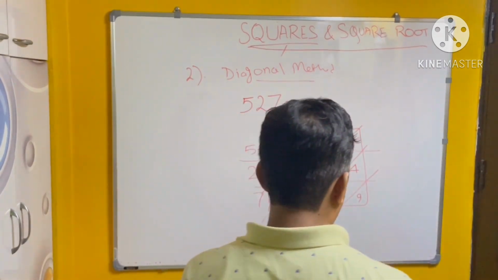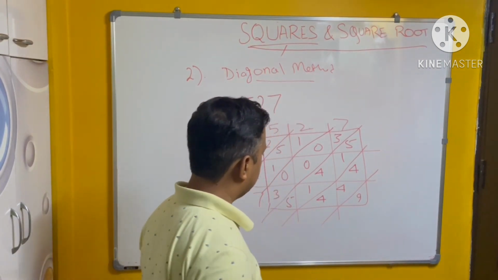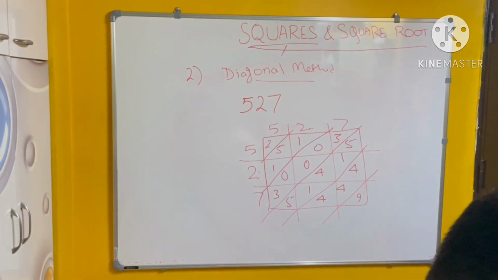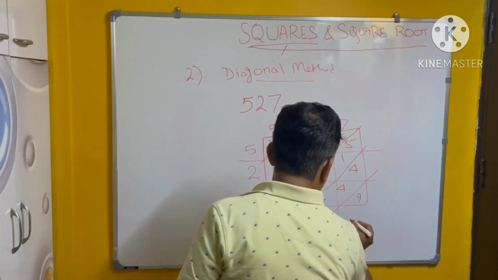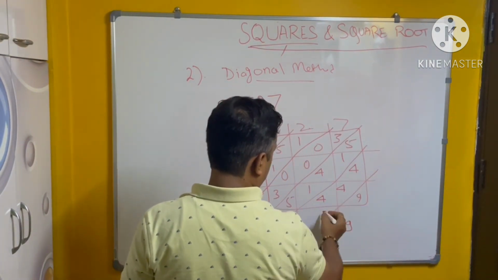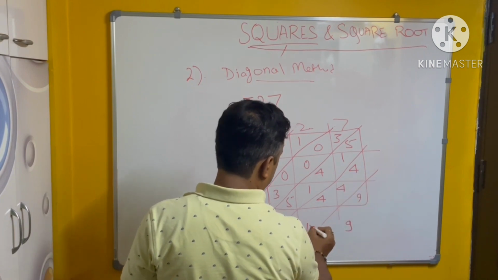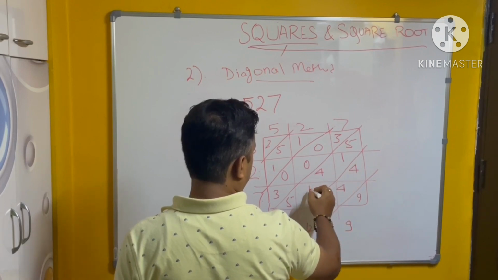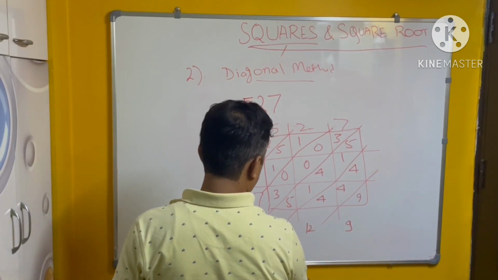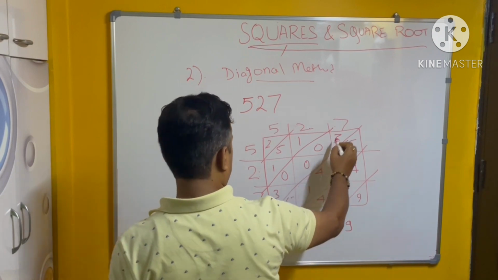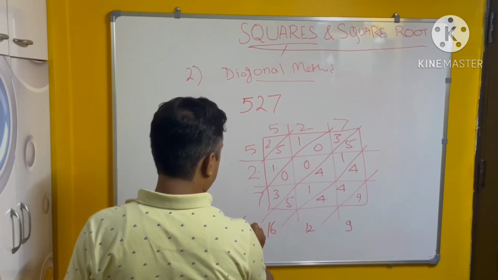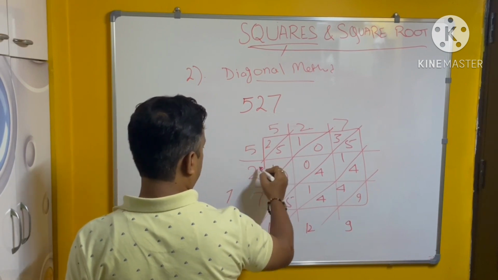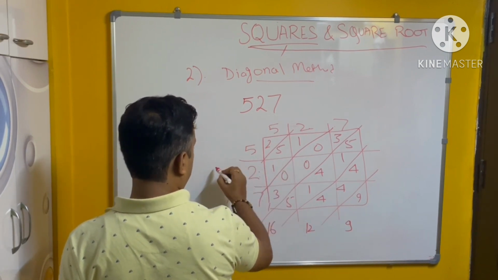Now the sum of this is 9, 12, then 5, 6, 10, 11, 16, 6, 7 and 2.